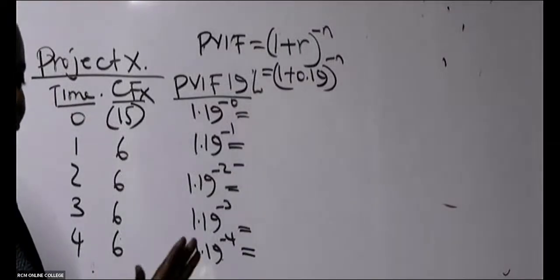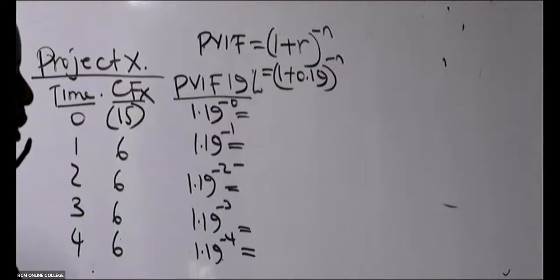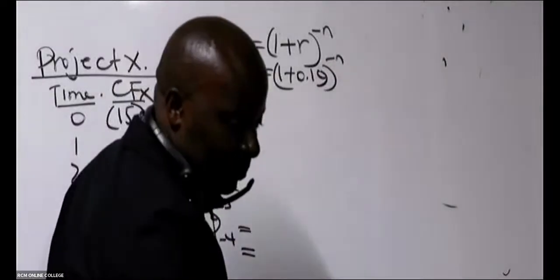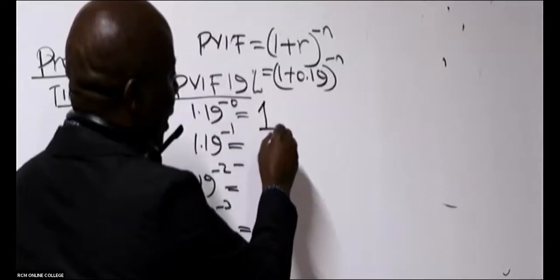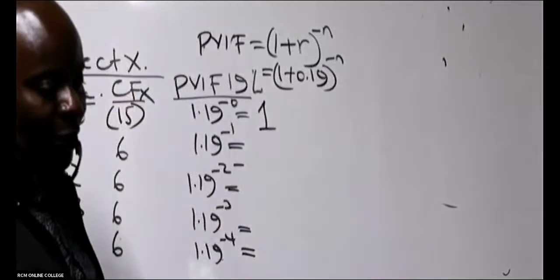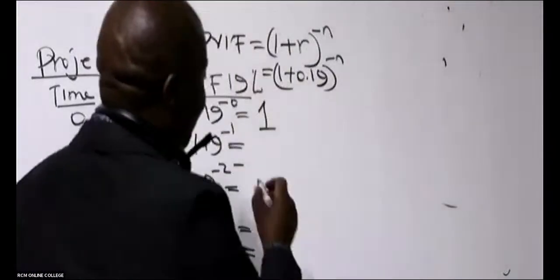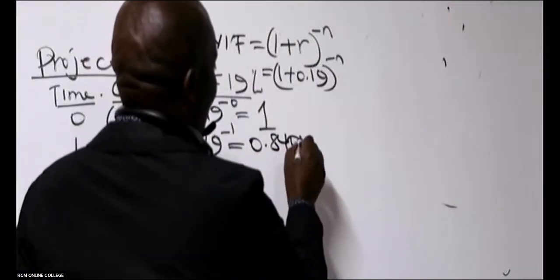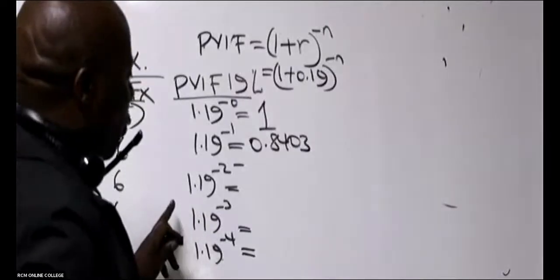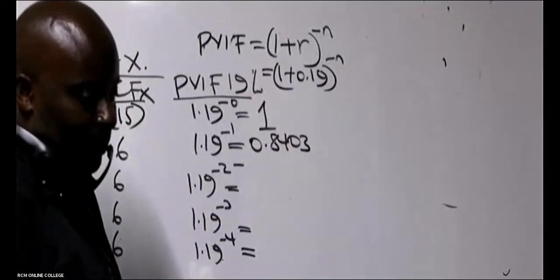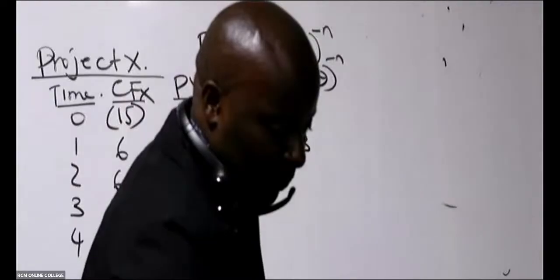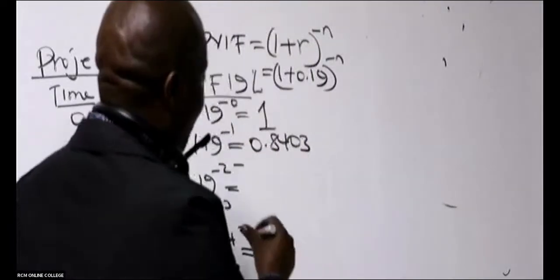Relax, I'll use both methods; they give the same answer. So we have 1 here. What about 1.19 raised to negative 1? That is 0.8403. How about 1.19 raised to negative 2? 0.7062.